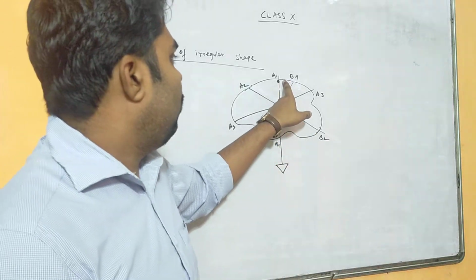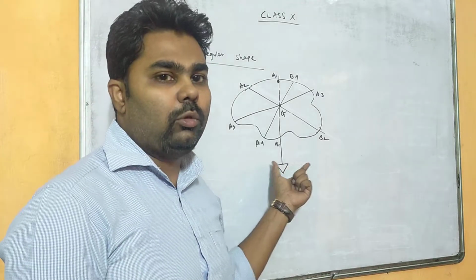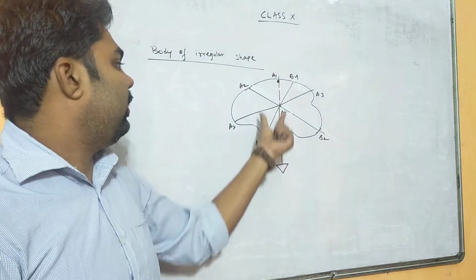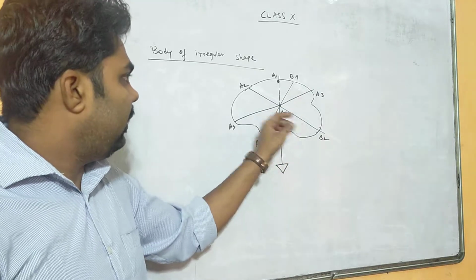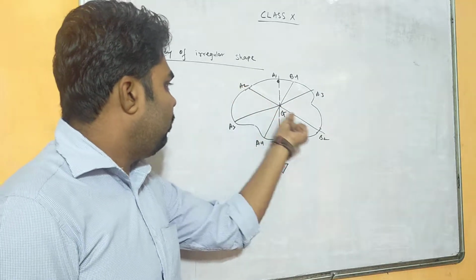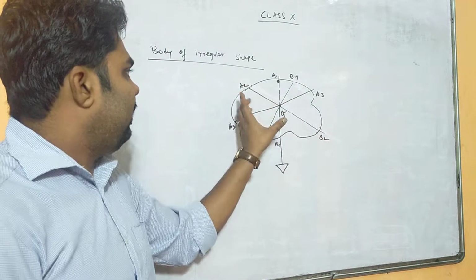By making one hole, passing the string through it and placing a plumb line, we get a line, let us consider A1 and B1, passing through it. Similarly we will rotate, make a hole, and suspend the plumb line again.